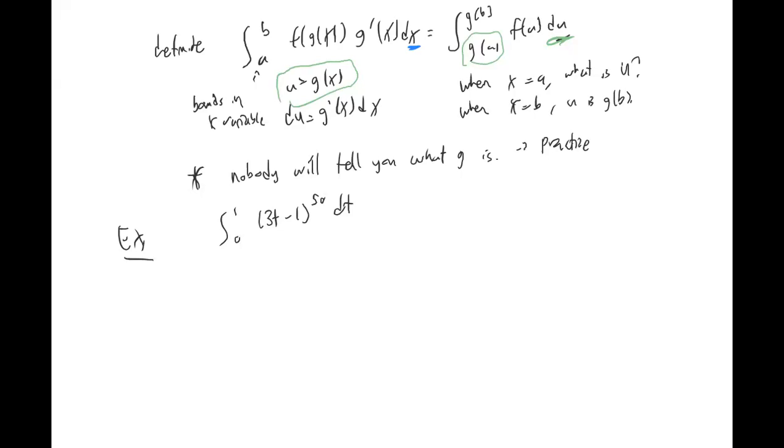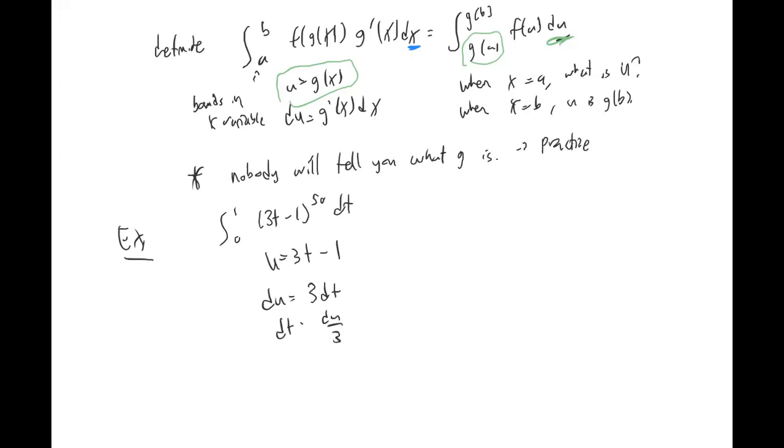Now du: what's the derivative of 3t minus 1? The derivative of minus 1 is 0, the derivative of 3t is 3. Most students prefer it this way, so I'm going to do it this way: dt is du over 3.